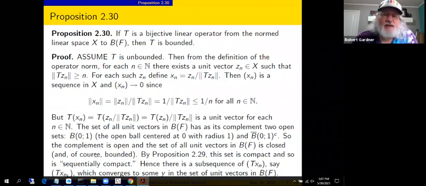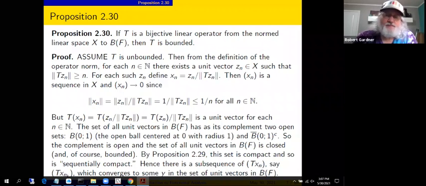And I like sequential compactness. Well, then with sequential compactness, there's a subsequence of T of x sub n, say T of x sub n sub k, putting another index on the index n. And this converges to some y in the set of unit vectors in B of f. Definition of sequentially compact.